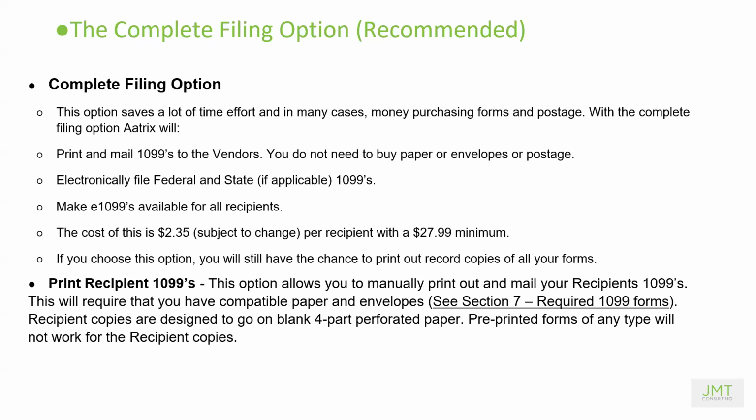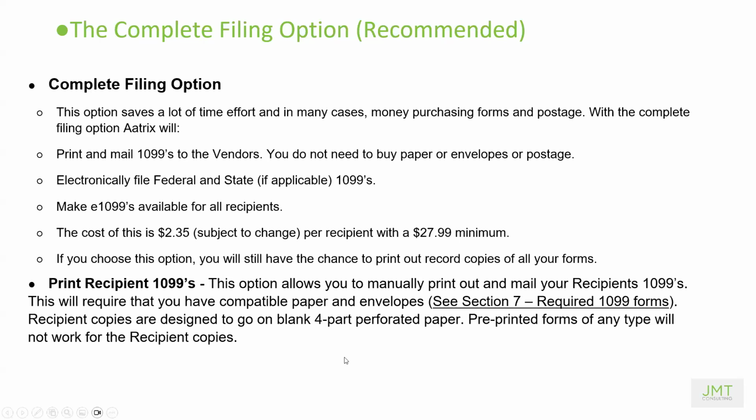They'll do all the electronic filing, federal and state, if state is applicable. They'll make the electronic 1099s available for all of your recipients. So that's in addition to mailing amount and the cost. Okay. The print recipients option allows you to manually print out and mail your recipients' 1099s, which means you have to get the paper, you have to get the envelopes, you have to spend the postage.